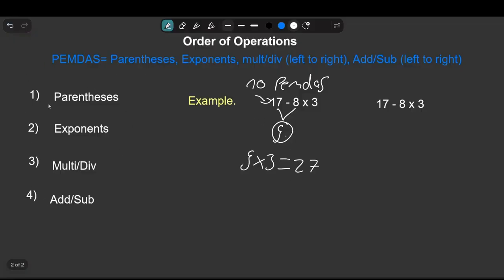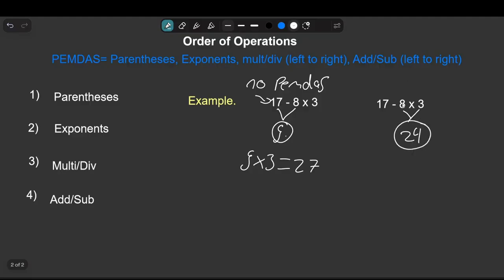And you can see right here, this is the order, so we have to do the 8 times 3 first. So let's do that for the second one. We do the 8 times 3 first, and we will get 24.